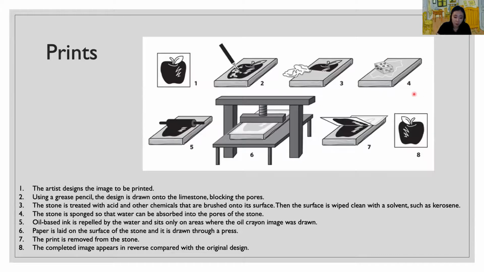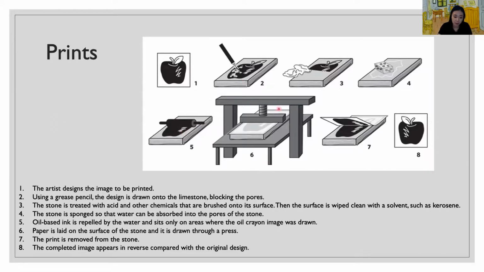And step 4, the stone is sponged so that water can be absorbed into the pores of the stone. And step 5, the oil-based ink is repelled by the water and sits only on areas where the oil crayon image was drawn, like this.